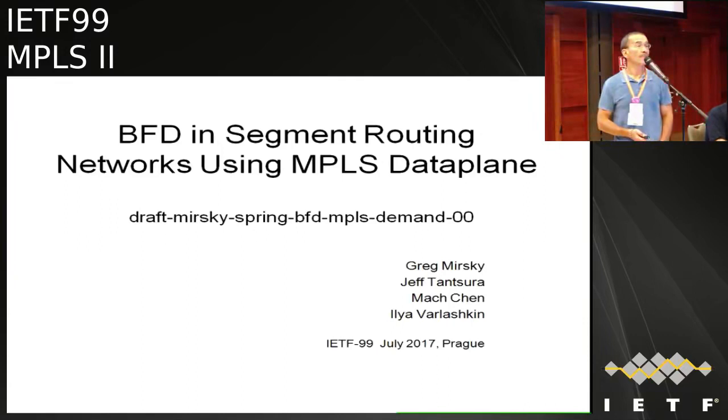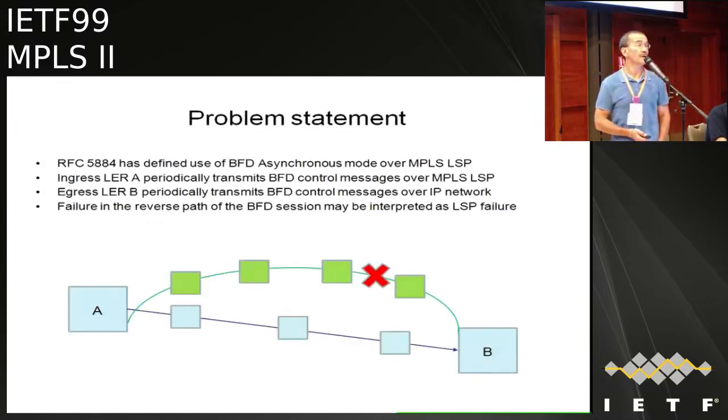Again, the problem with BFD as a method of monitoring continuity of unidirectional paths is that the return path might create false negatives. It could be because the network used for the reverse direction is less stable than the forward direction. That's why the ability to control the reverse path might be beneficial.